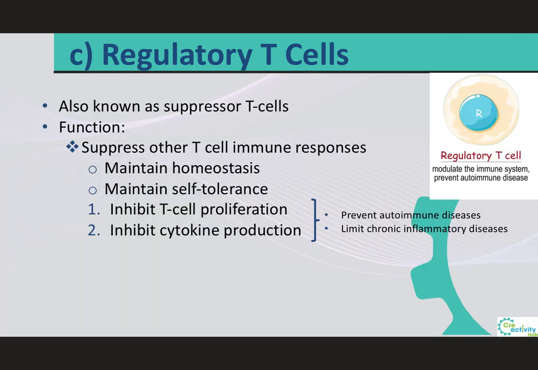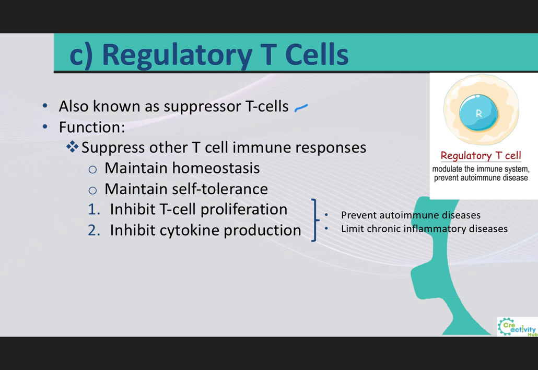The regulatory T cells or suppressor T cells are the most recently discovered of the types listed here. So, of course, there's less that we know about them. In addition to CD4 on their surface, they will bear the molecules CD25 and FOXP3.